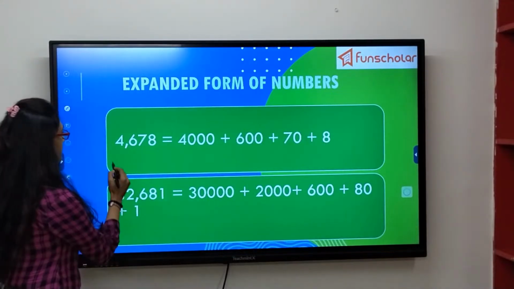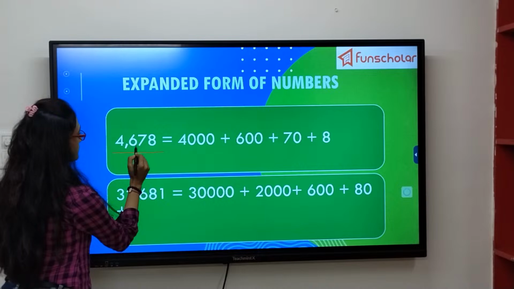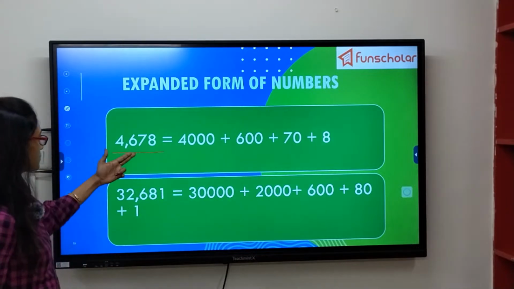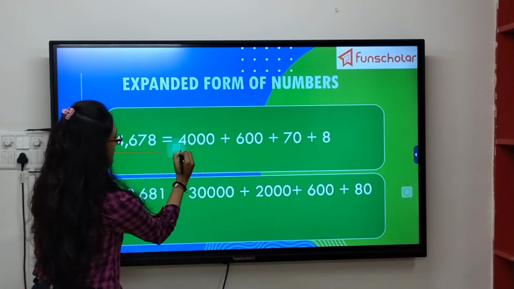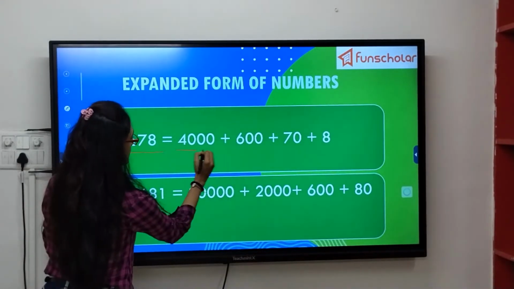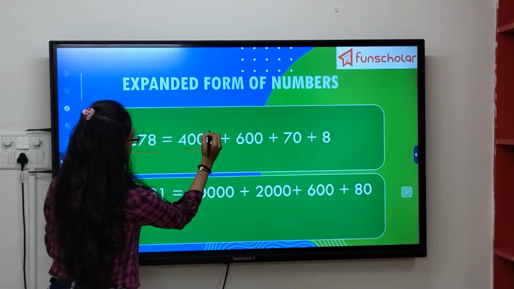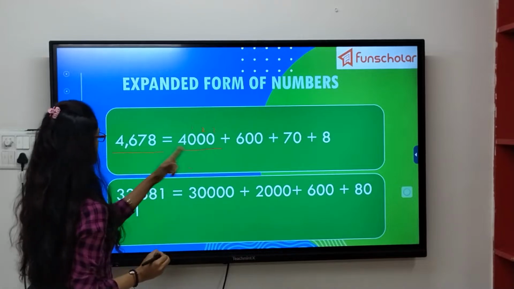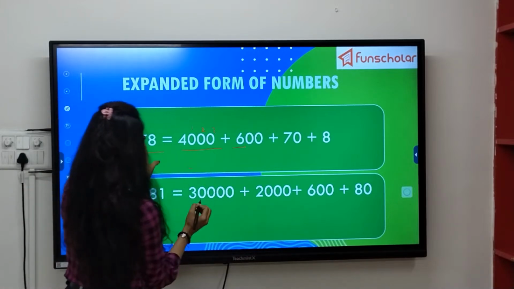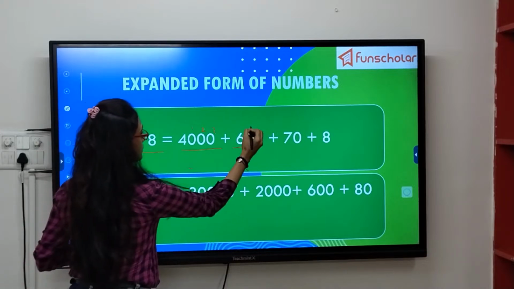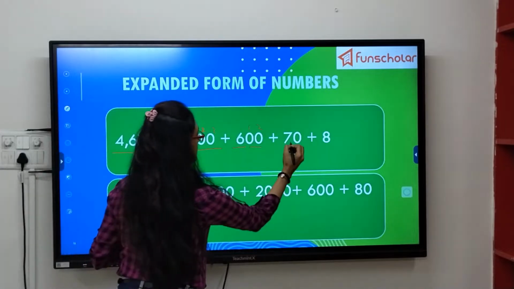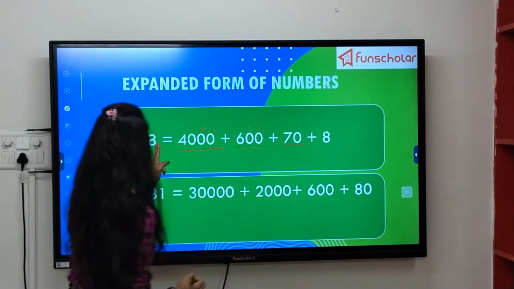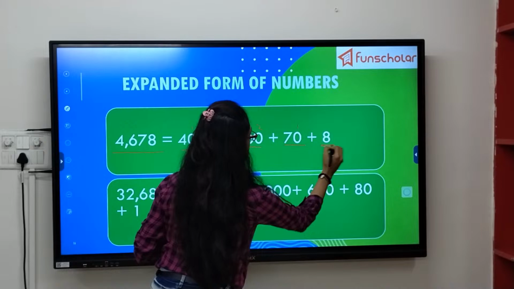Similarly, what is written? 4678. So, how will you expand it? 4 will be 4, then 3 zeros. Then 6, 2 zeros. Then 7, 1 zero. Then only 8 is left. So 8.